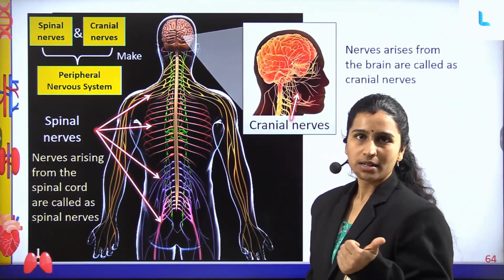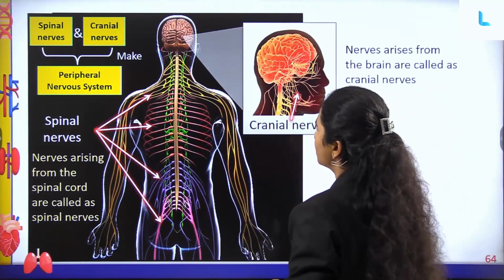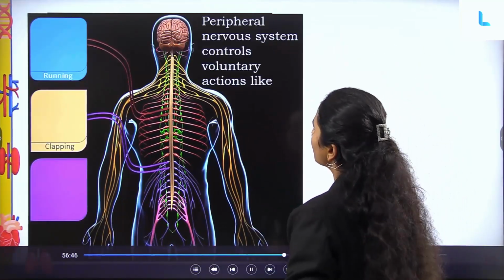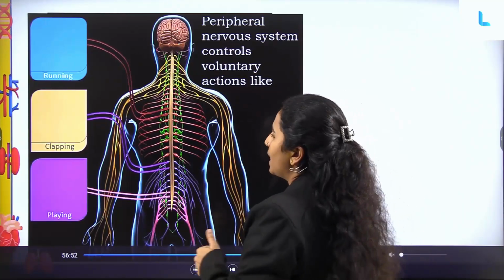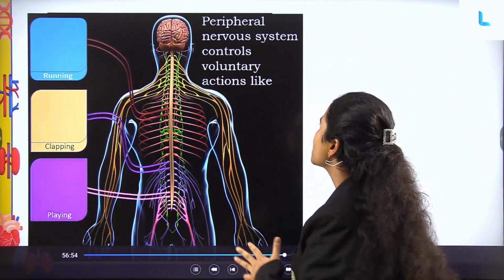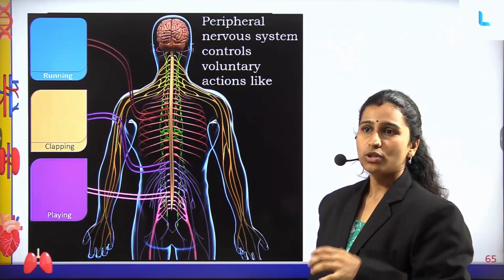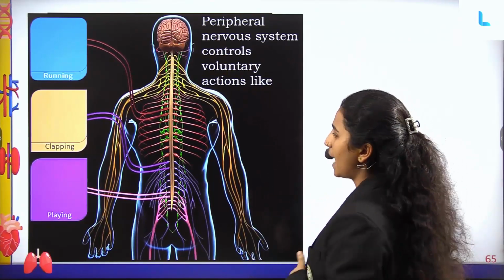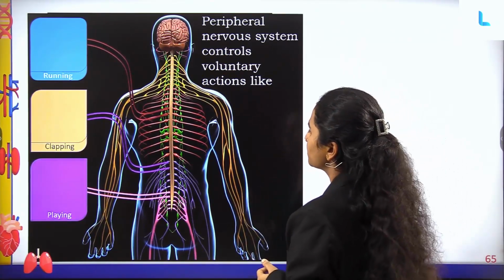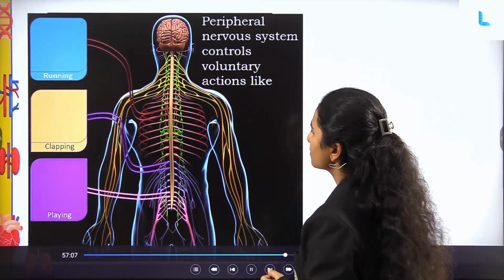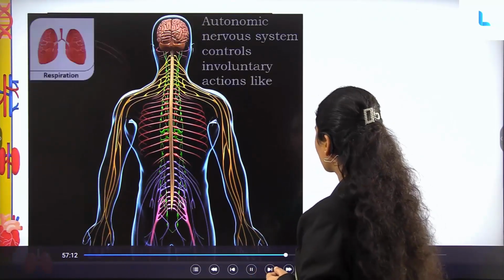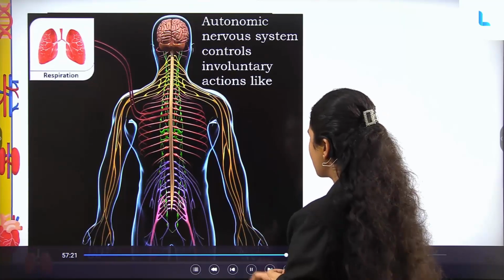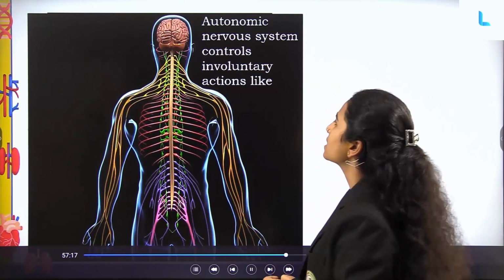So we saw the central nervous system and the peripheral nervous system. Running, clapping, playing are because of the peripheral nervous system, which involves the voluntary actions of what we do. Next comes the autonomic nervous system.